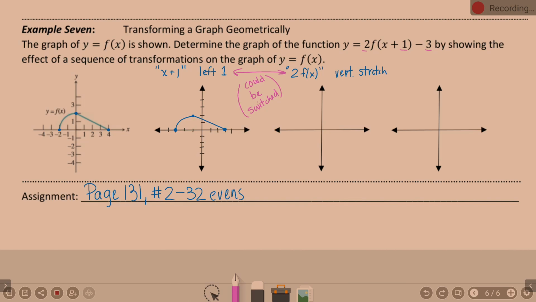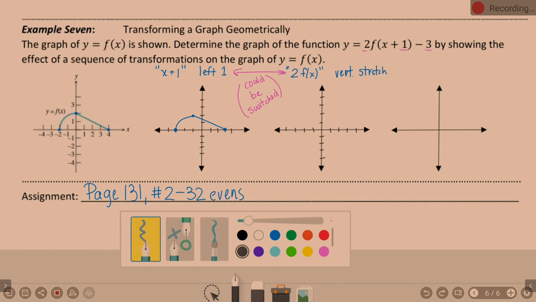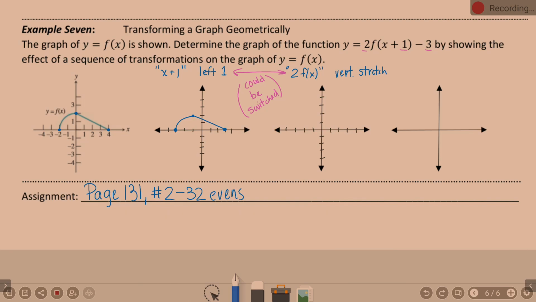Okay. I'm going to put my 4 tick marks on in each way again. Now multiply everything by 2. A vertical stretch. He says multiply everything by 2. Everything. Can we define what everything is?